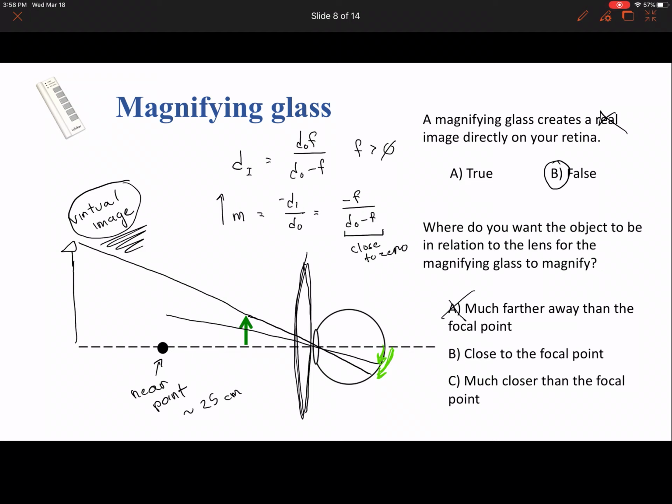When will that happen? That'll happen if d_o is close to f. So I actually want this object, this green arrow, to be such that it is close to the focal point of my magnifying glass. And I will adjust the position of the glass and my head to make sure that happens. Now, I want it just inside the focal point of the magnifying glass.